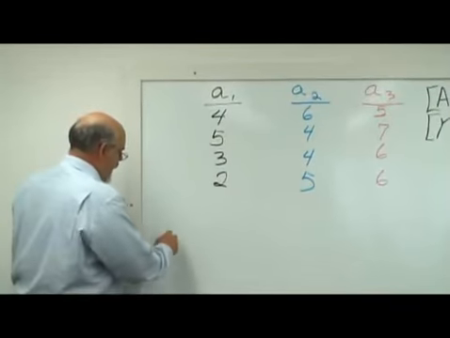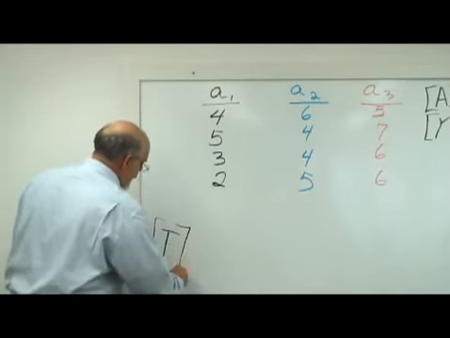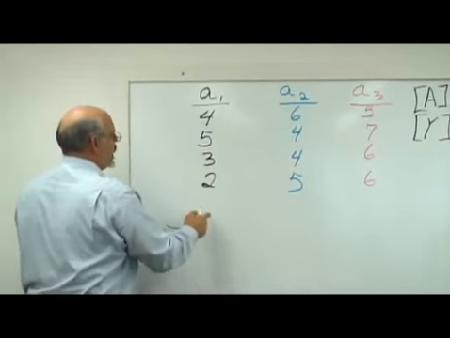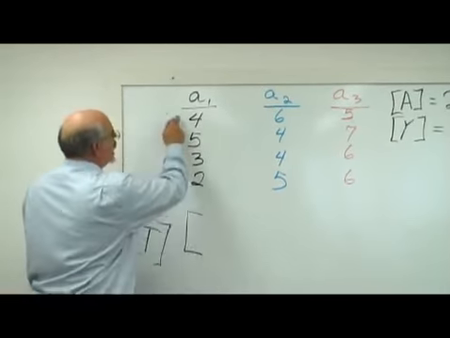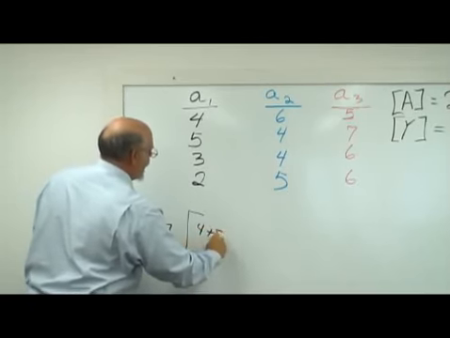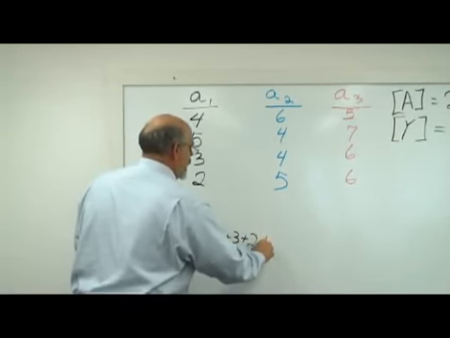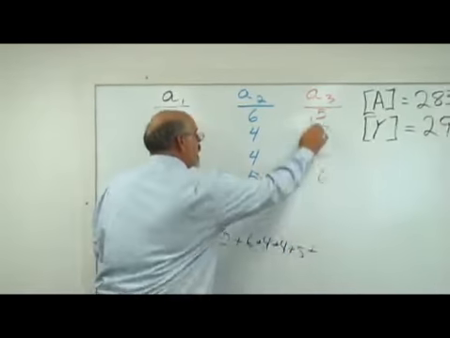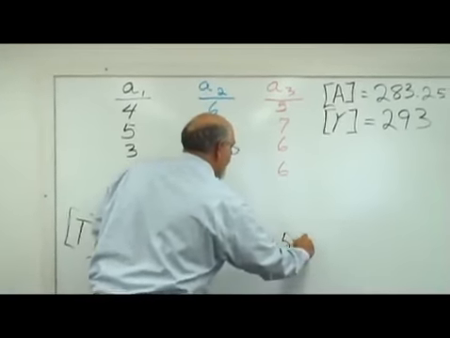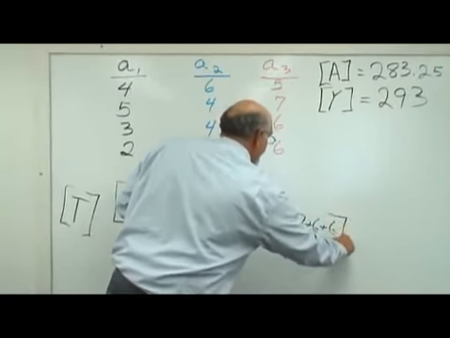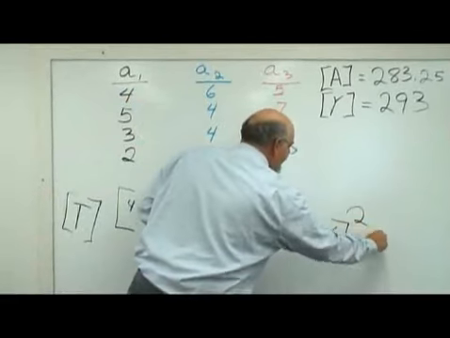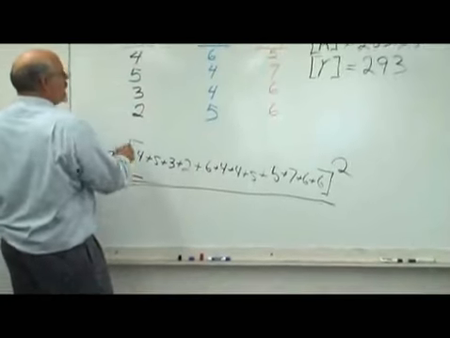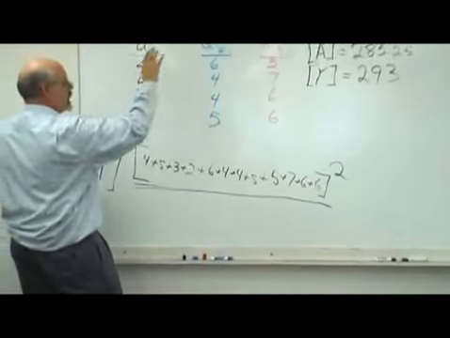Okay, now you need to find the T bracket term. To find the T bracket term, you add up each and every individual. 4 plus 5 plus 3 plus 2. All of these guys, 6 plus 4 plus 4 plus 5. All of these guys, 5 plus 7 plus 6 plus 6. Close bracket. Square that. Divide this sum by the total number of individuals in all groups.